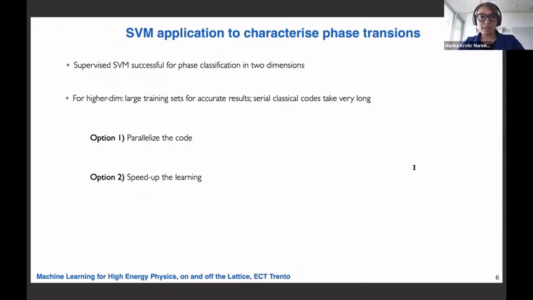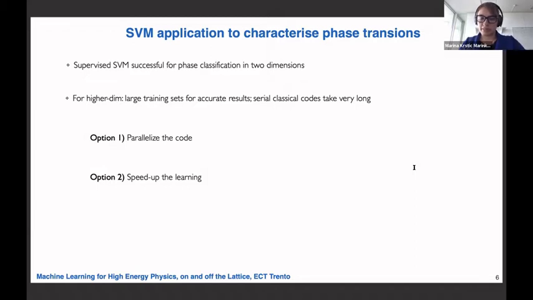And we contemplated two possible ways in which we could speed up our calculations with support vector machines with the aim to apply it in higher dimensional lattice gauge theories.